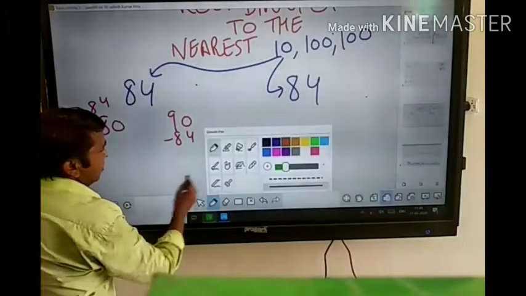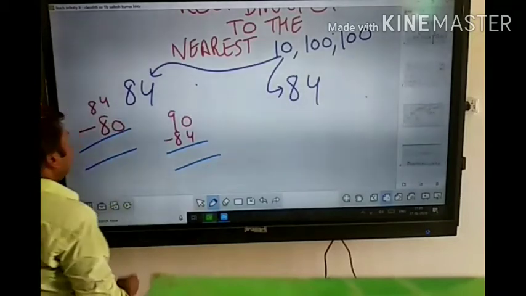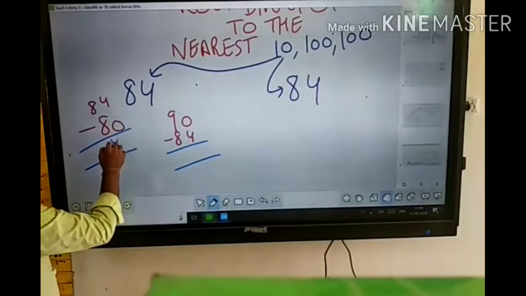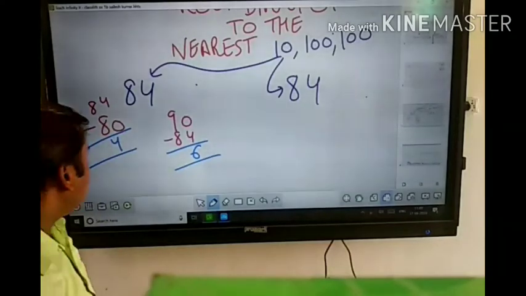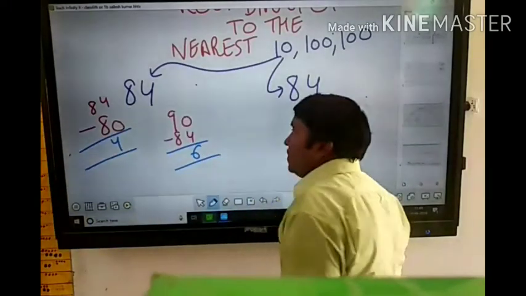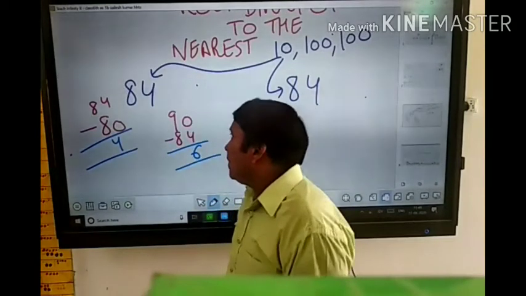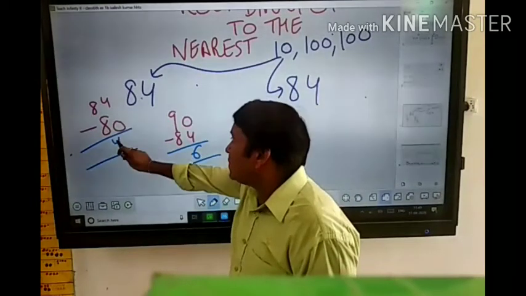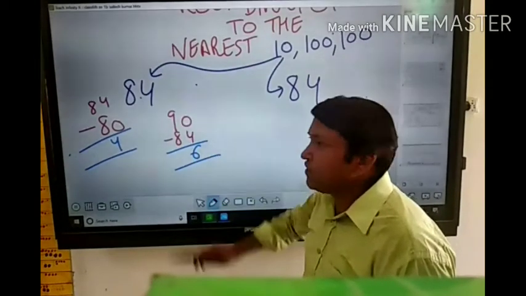So let us check the answers we got. Here you will get the answer 4 and here you will get the answer 6. Now you have to see that 84 is nearer to which multiple of 10. Here its difference is only 4 and here 84's difference from 90 is 6.